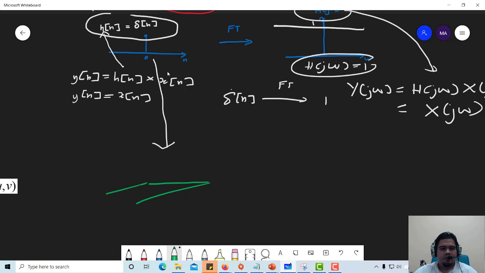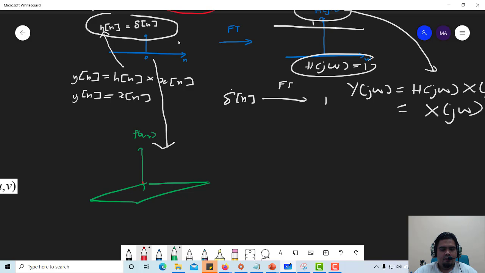If this is my image plane, and this is my f(x,y) amplitude at the center there, and I want to draw it in two-dimensional version, then it should be something like this.